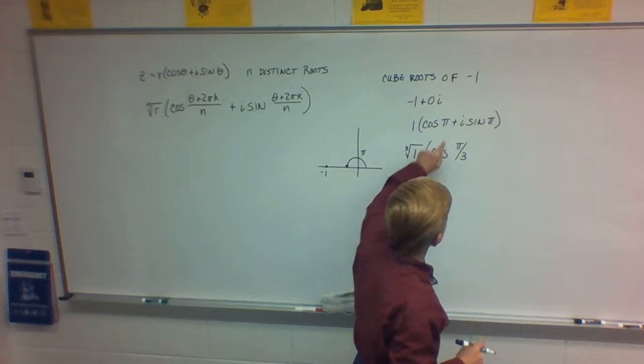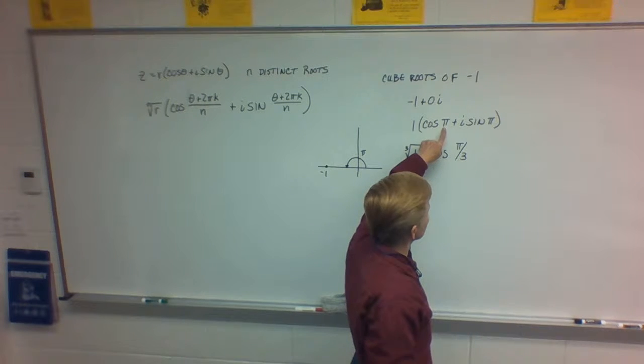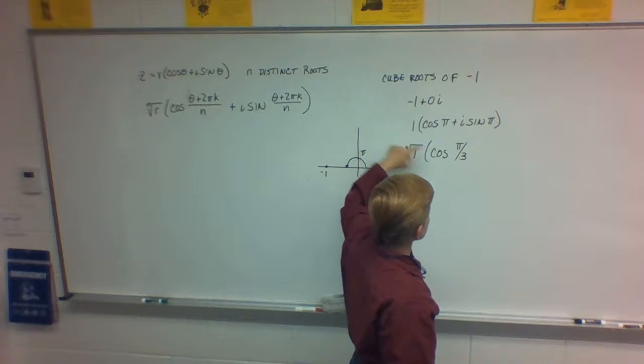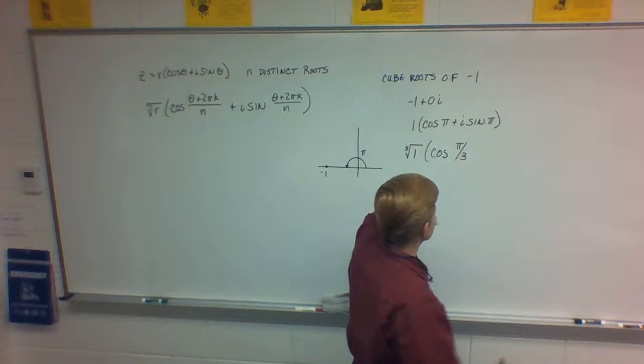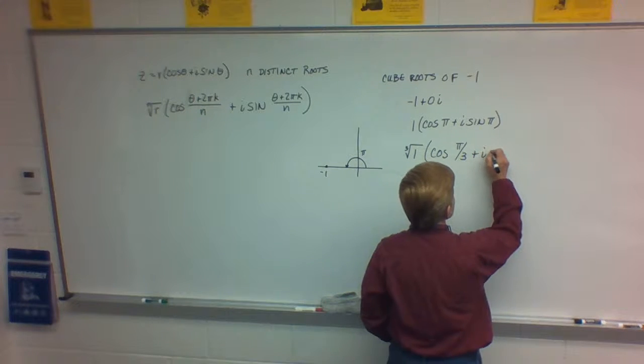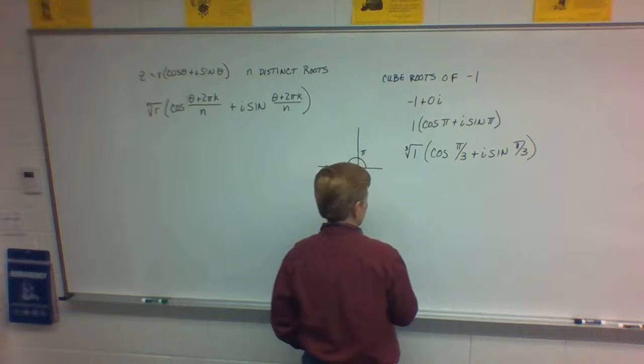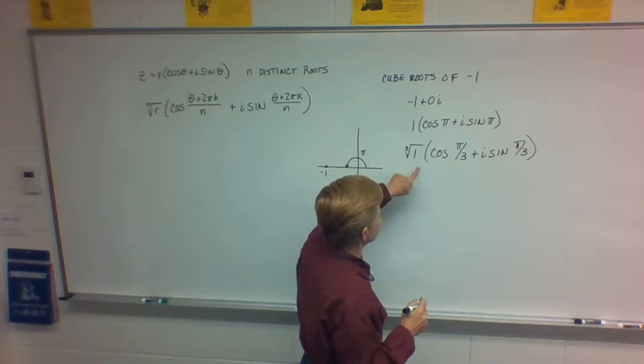The very first one's gonna be the angle we chose in the original form, cis form. We're gonna divide it by what we're using as the index. You okay with that? Yes. Plus i sine pi thirds. Okay, that's the first root where k is 0.